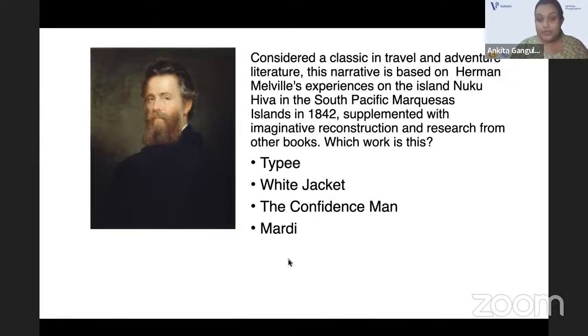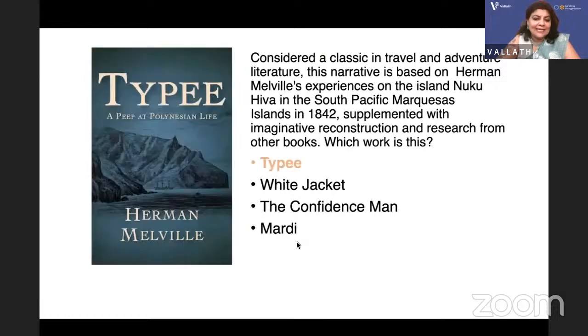Typee, White Jacket, The Confidence Man, Mardi. We know that he was a man of the seas. Most of his works draw their inspiration from his travel voyages. The picture is that of Herman Melville, as you know. And which is the work? Let us see. It is Typee, A Peep at Polynesian Life.